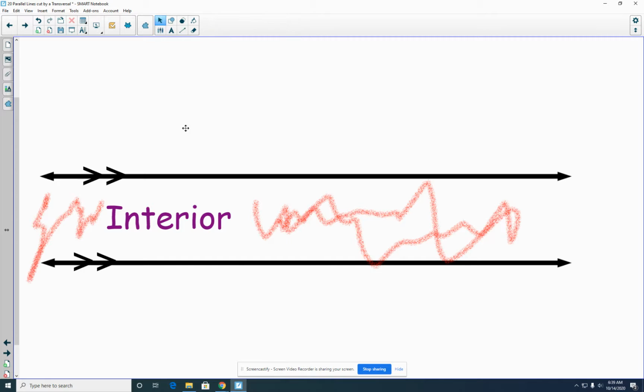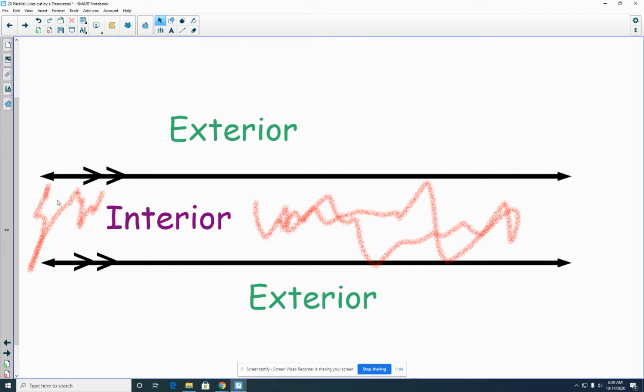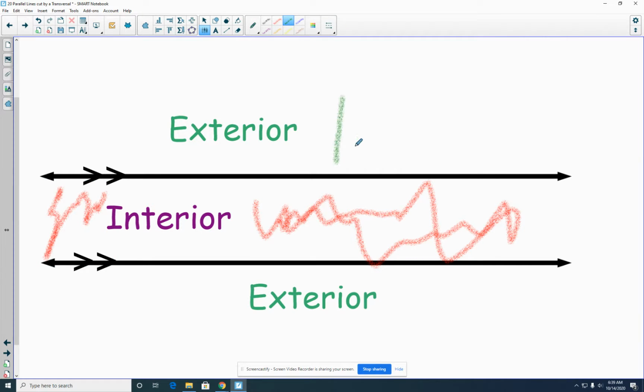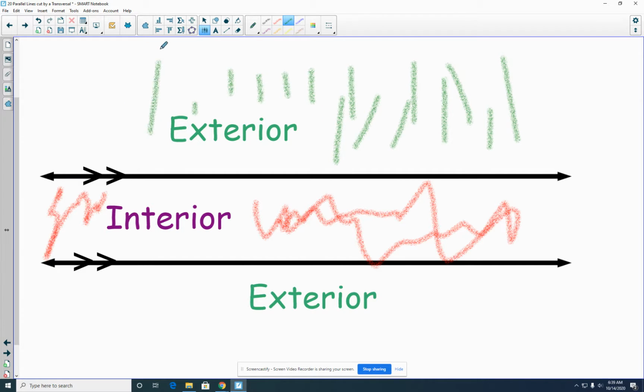Okay. Now, as soon as I go outside, it's known as the exterior. There's exterior up here and down here. So you have interior, inside of the parallel lines, and then you have exterior, that's outside of the parallel lines. So everything out here, this is all exterior, and then everything down here is exterior.